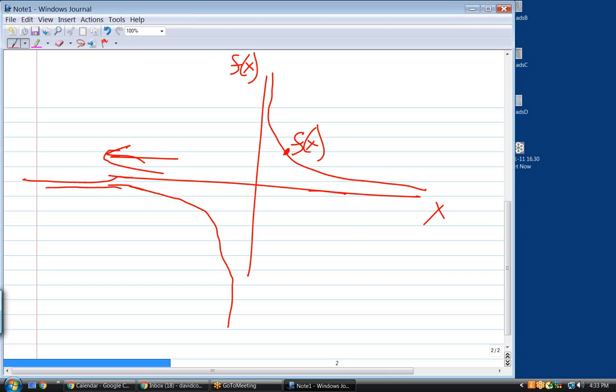Exactly. It goes to 0 from the negative side, but it still goes to 0. And this function happens to be y equals 1 over x. So as x goes to positive infinity, y goes to 0, and as x goes to negative infinity, y goes to 0. Okay.